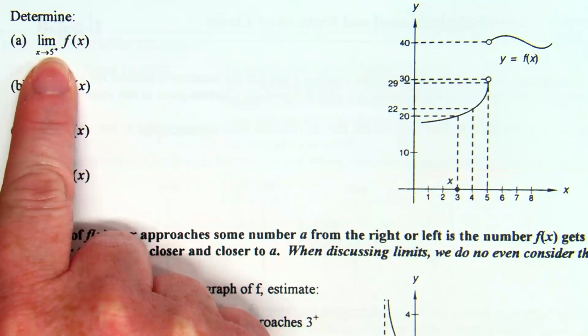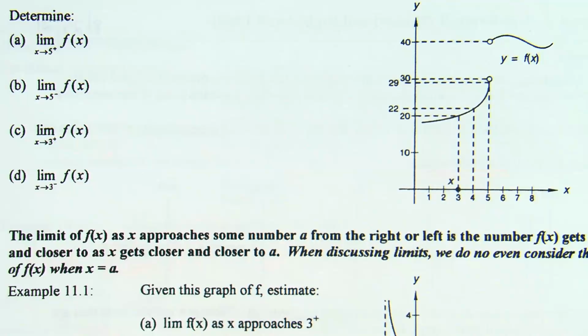Okay. If it just says the limit as x approaches 5, we want to look at both directions and where they meet, or if they meet. If it has a positive, then we're going from the positive side, which means as x approaches from the right. If it has a negative after the number, that's saying as x approaches from the negative direction, which the negatives are on the left. Does that make sense there?